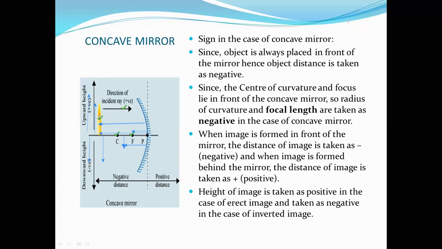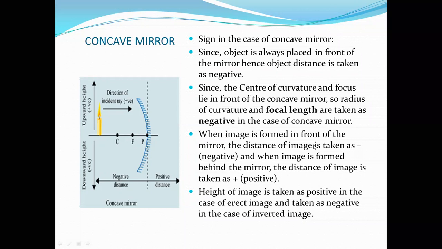So all of these signs in case of concave mirror: since the object is always placed in front of the mirror, hence object distance is taken as negative. Since the center of curvature and focus lie in front of the concave mirror, radius of curvature and focal length are also taken as negative.